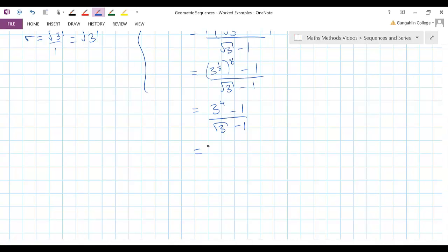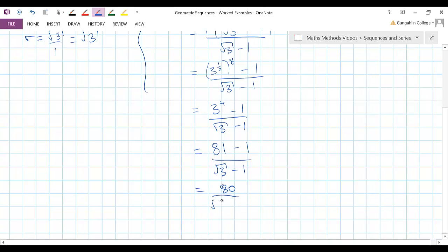So it is okay to use a calculator at this point. So we will go 3 to the power of 4 and get 81 minus 1. So 81 minus 1 divided by the square root of 3 minus 1. This is 80 on the square root of 3 minus 1.